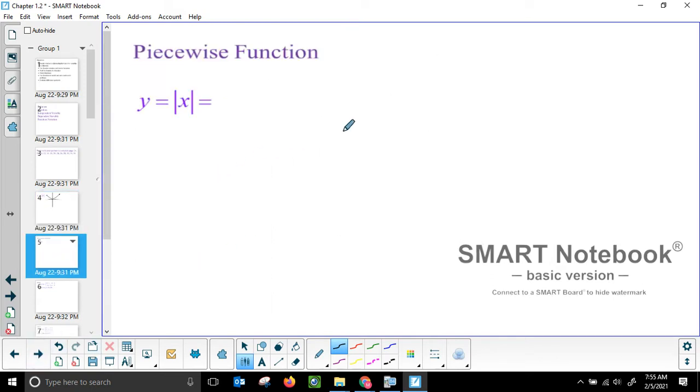If they want us to write it as a piecewise function, remember a piecewise function is just a function that is written in several pieces. It usually has this funky looking bracket.